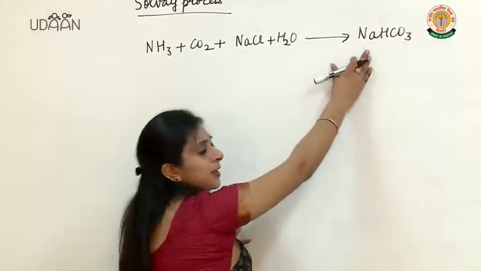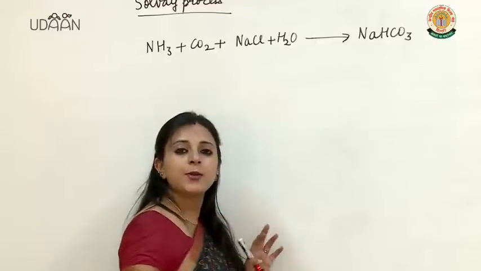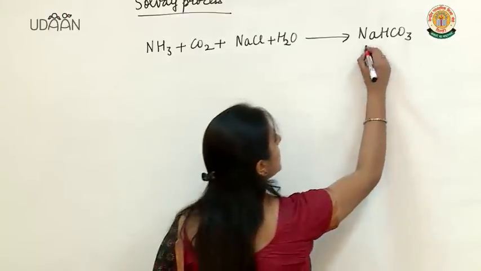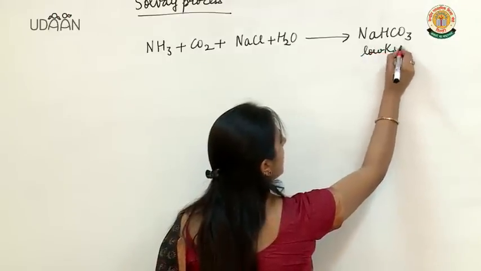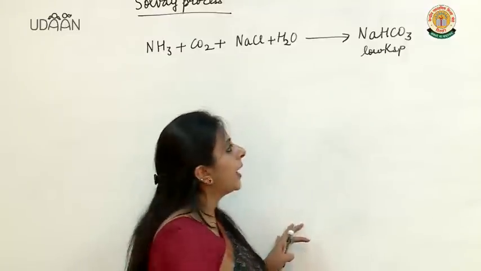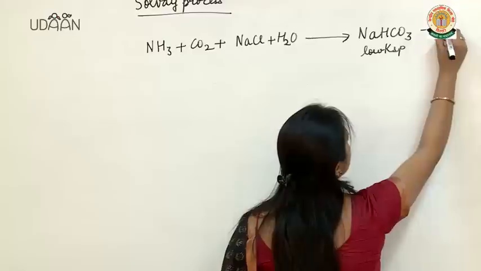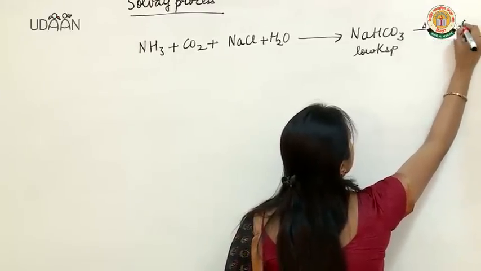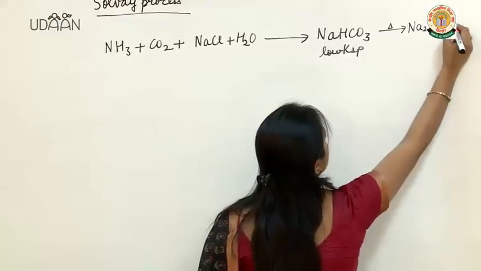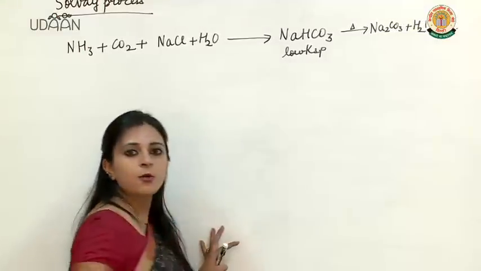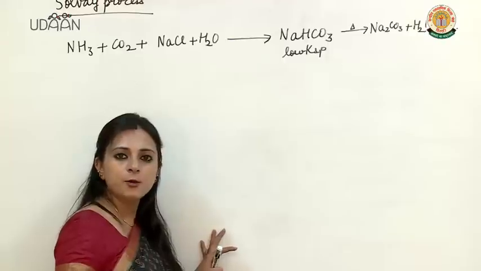Now why does this NaHCO3 get precipitated from the solution? Because it has a low solubility product, so it gets precipitated from the solution, and when we heat this sodium bicarbonate, we get sodium carbonate plus H2O plus CO2. So this is how we get washing soda.